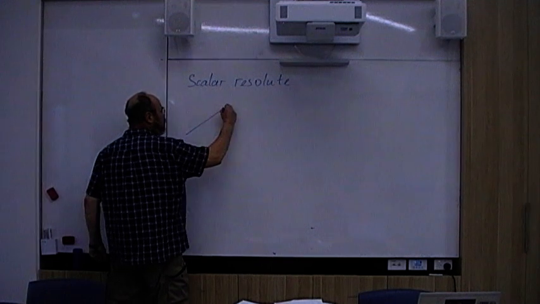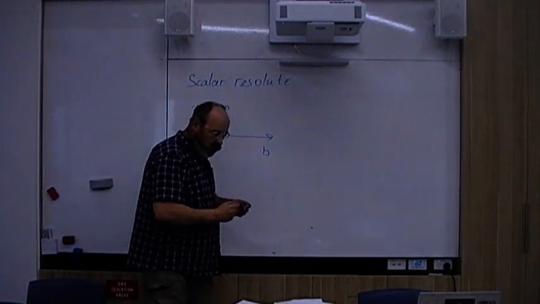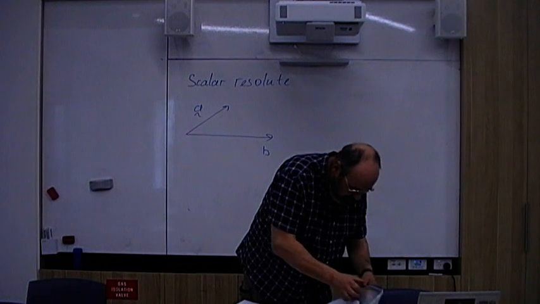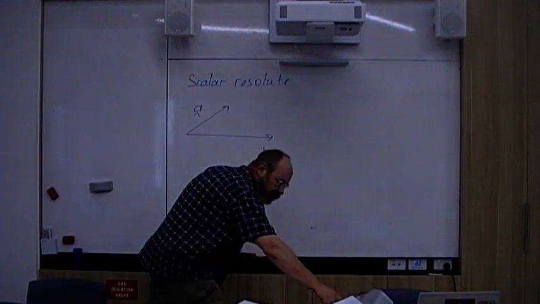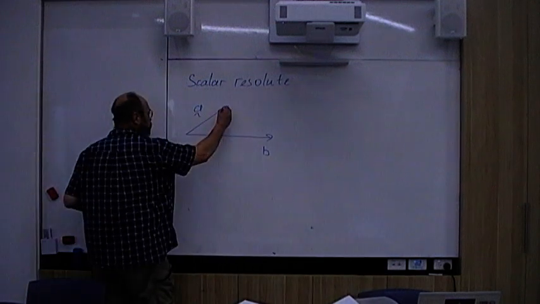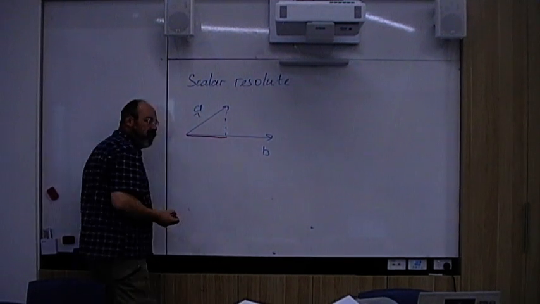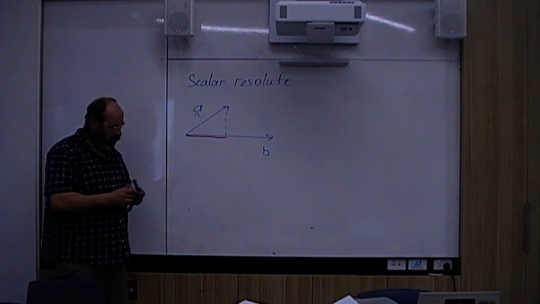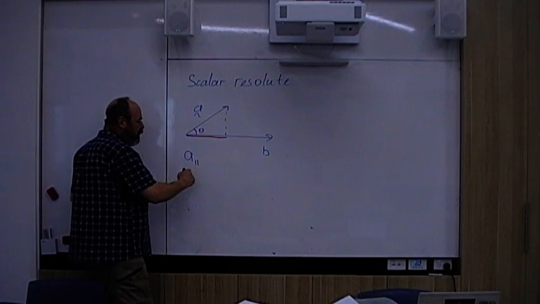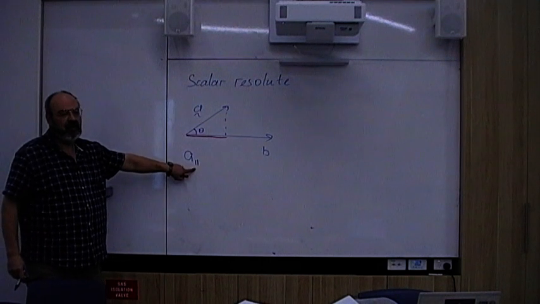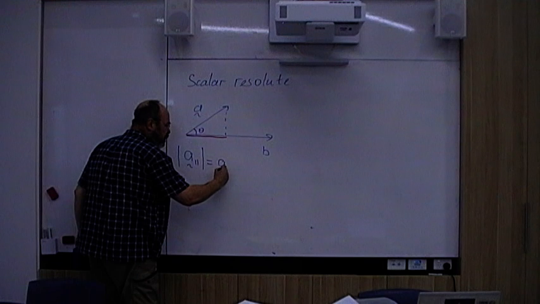So we have vector A and vector B, and the scalar resolute of A in the direction of B is found by drawing the perpendicular, and this length is the scalar resolute of A in the direction of B. If this is angle theta, then I will call it A parallel, meaning the resolution of A parallel to B. Because we're talking about the scalar resolute, it's a length, equal to the length of A times cos theta.